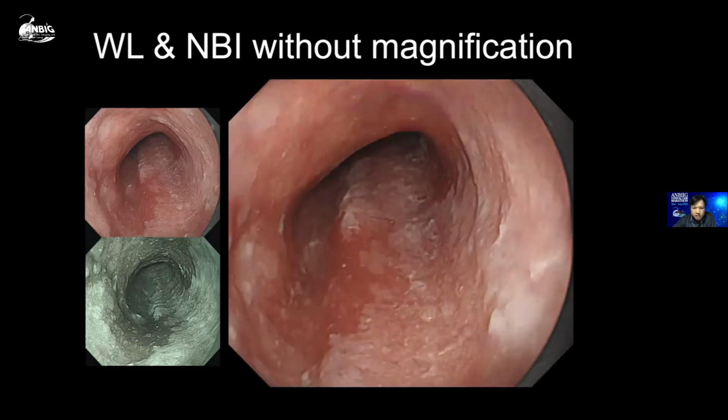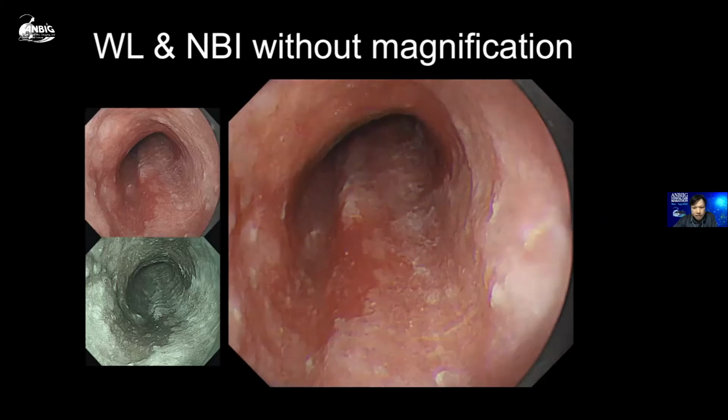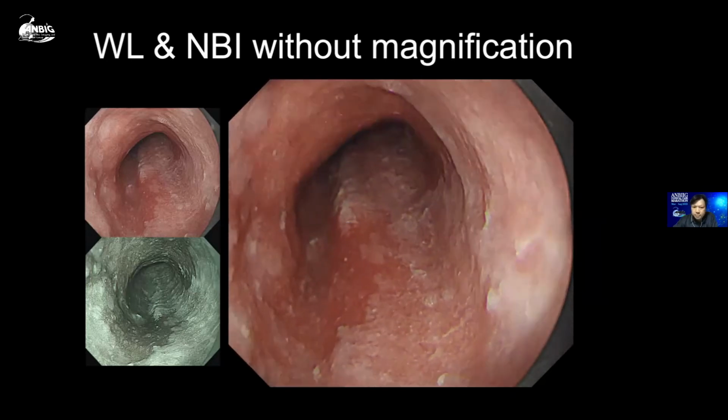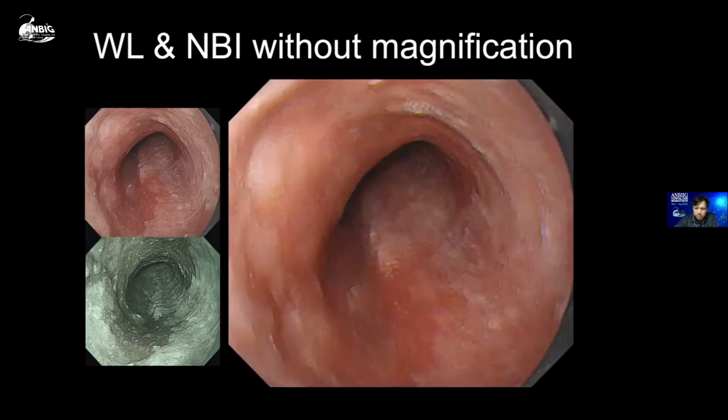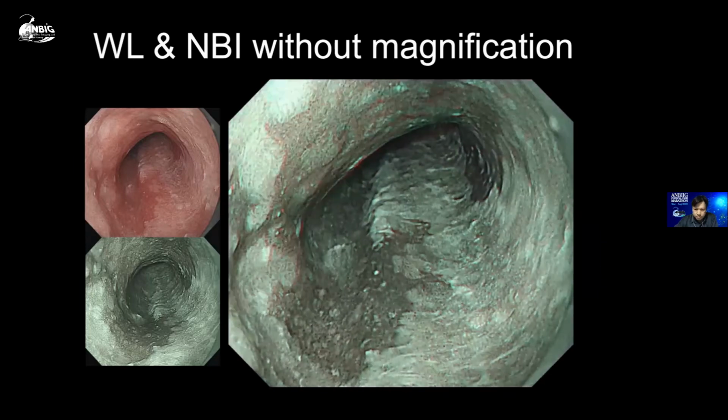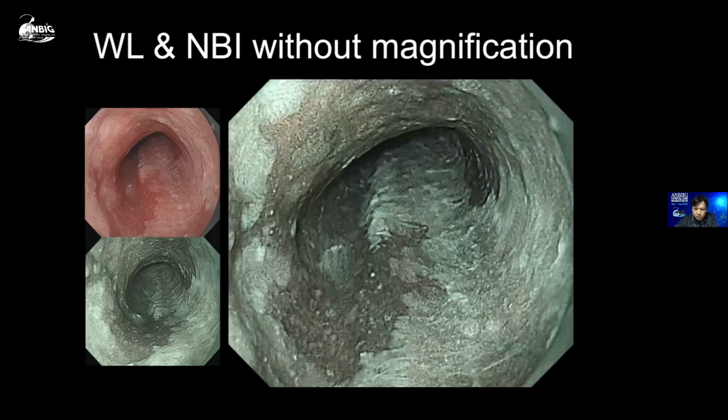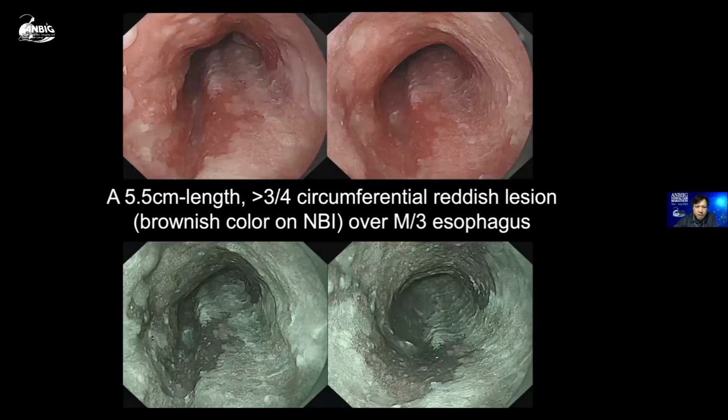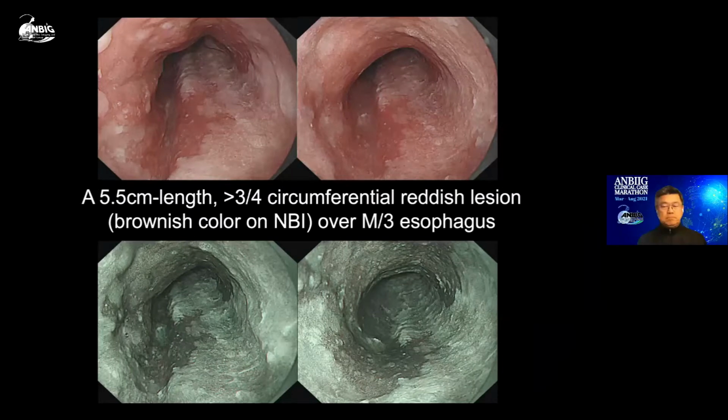The length of the lesion is about 5.5 centimeters. The margin is clearer after switching to NBI. So this is a 5.5 centimeter long, more than 3/4 circumferential reddish lesion, brownish color on NBI, over the middle third.